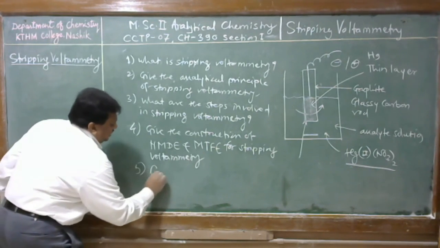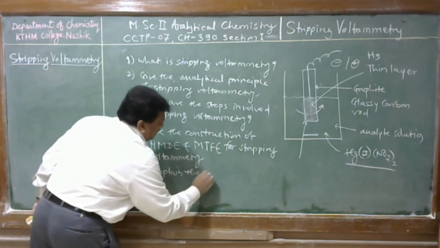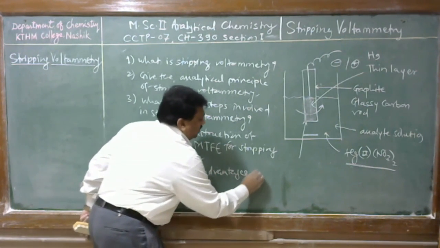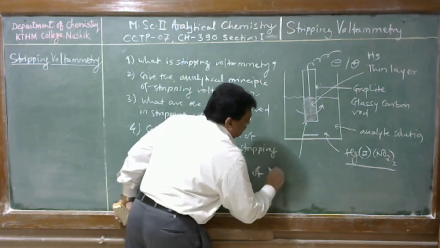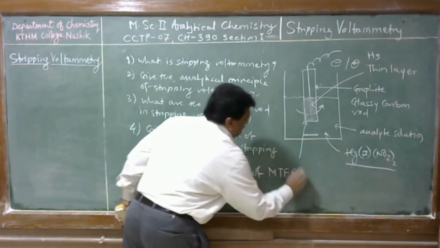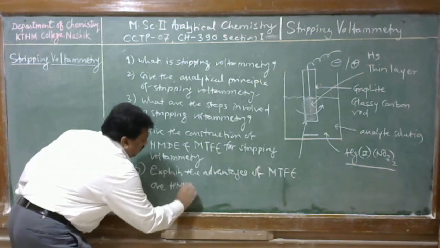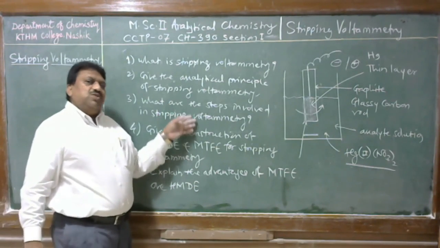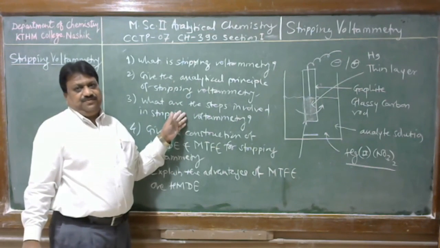Explain the advantages of the mercury thin film electrode over the hanging mercury drop electrode. Student, with our today's discussion, you can find out the answers to these questions.